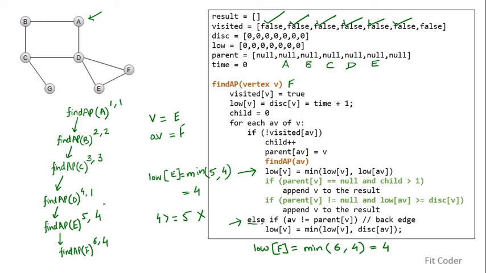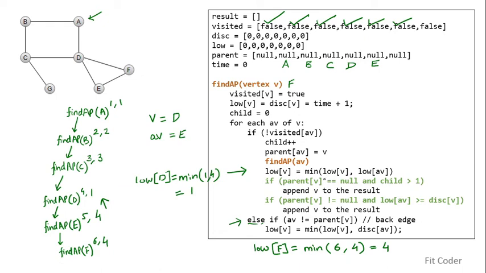From E we again backtrack. Now V is D and AV is E. So we are here, and let's calculate low of D. It will be the minimum of low of D, which is 1, and low of AV, which is 4. So it is 1. It was already 1, so we do not do anything.